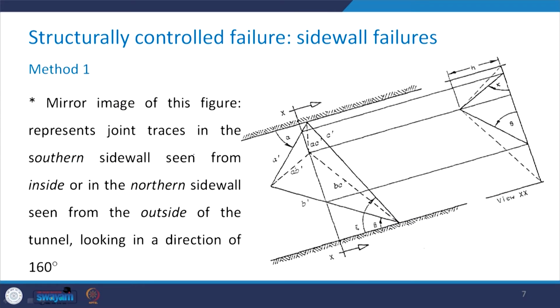The mirror image of this figure is going to give us the view of the joint traces in the southern side wall seen from inside, or in the northern side wall seen from the outside of the tunnel, when we look in a direction of 160 degree. So this is different from what we had earlier.